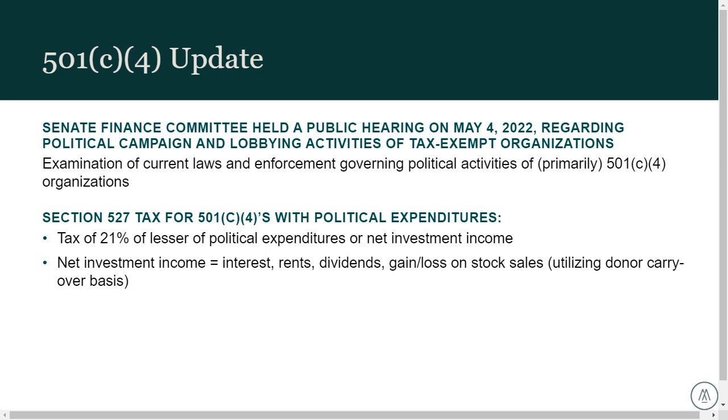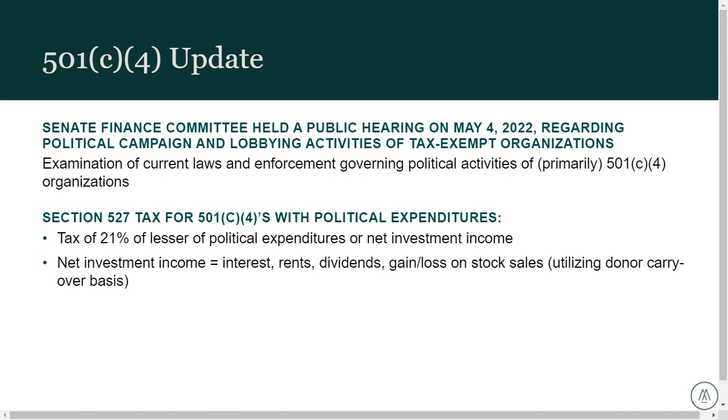As you may be aware, your typical 501(c)(3) organizations are not allowed to incur political expenditures. If you do, you ultimately pay a tax on these expenditures and you risk getting your tax-exempt status revoked. But C4 organizations are allowed to make political expenditures so long as they're not the organization's quote-unquote primary activity.